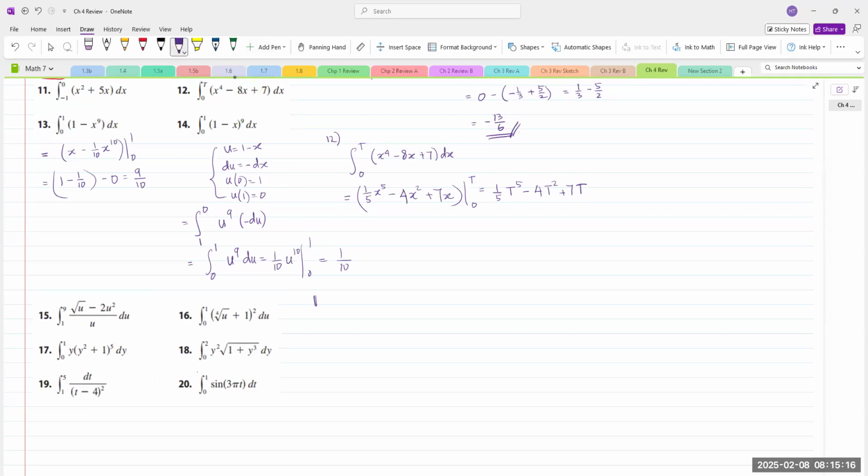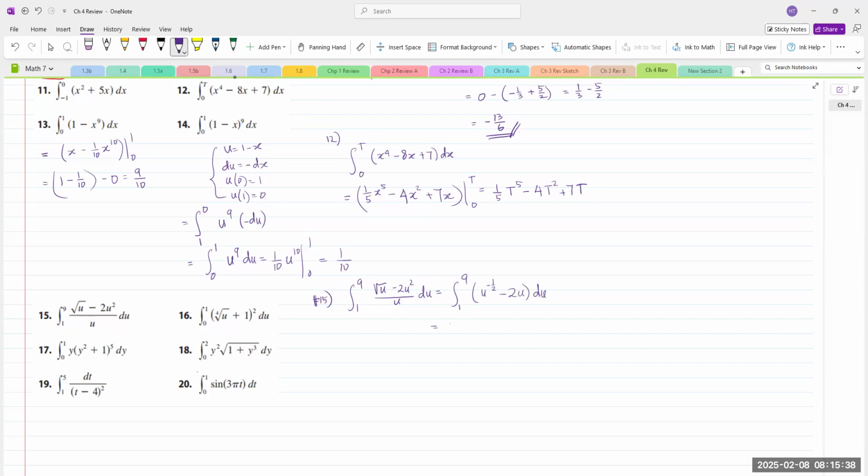Number 15. Integral from 1 to 9 of square root of u minus 2u squared over u du. That's the integral from 1 to 9 of u to the negative 1/2 minus 2u du.